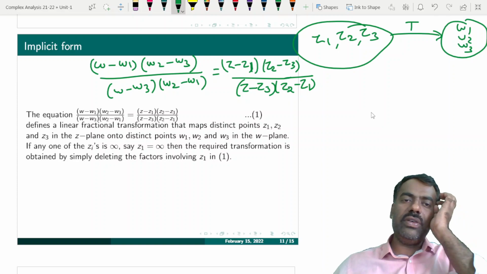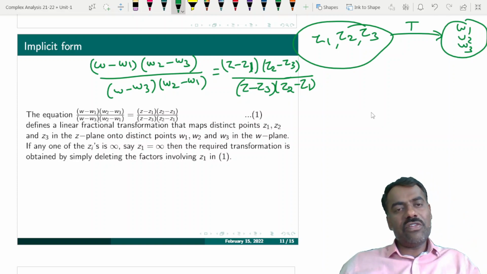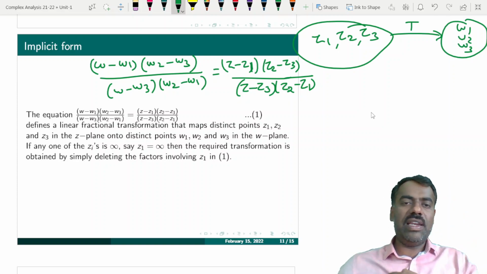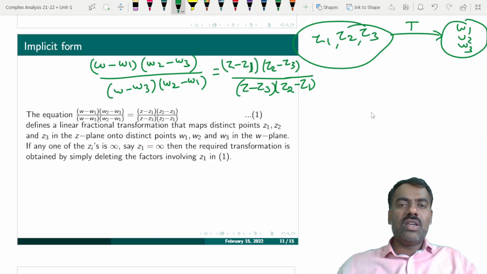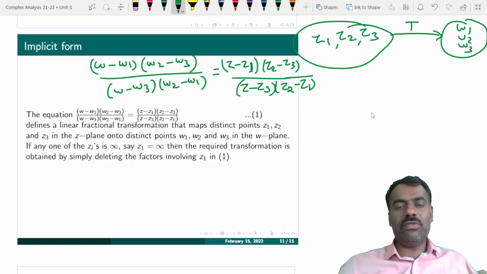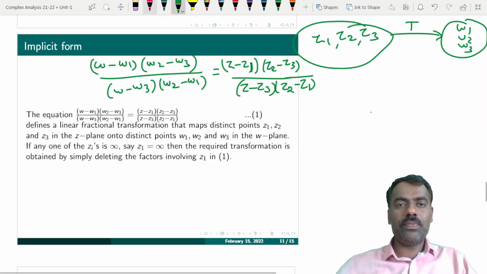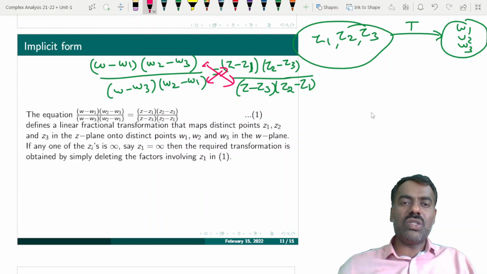You can easily verify this. How can one verify that a linear fractional transformation satisfies this? You simply cross multiply, and substitute when z is equal to z1.